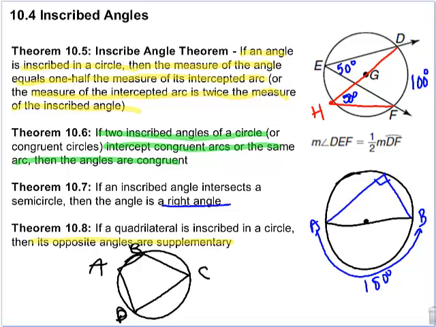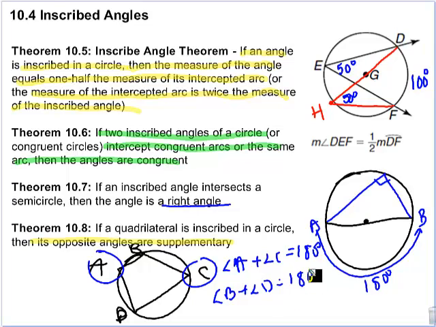Equals 180. So what would be the opposite angles here? A and C would be opposite of each other, and then B and D. So angle A plus angle C would be 180, and angle B plus angle D would be 180. Okay. So if you have an inscribed quadrilateral, its opposite angles are supplementary, so they add up to 180 degrees. All right, so we're going to use this information and apply it to some diagrams and try to find whatever it's asking us to find.